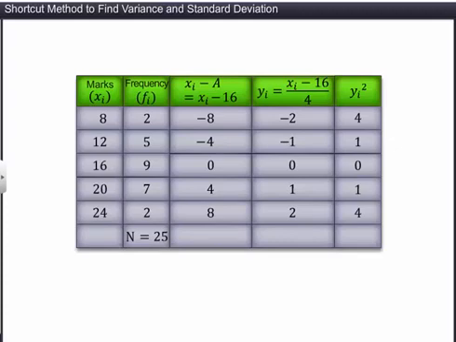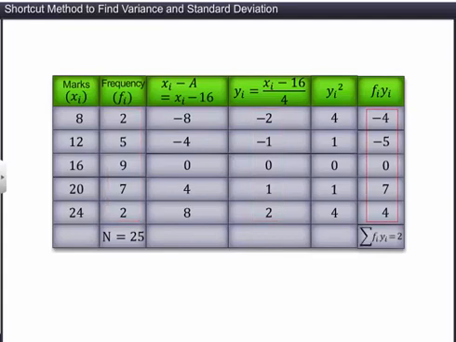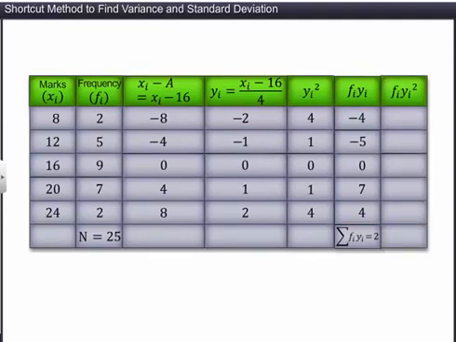The products of fi and yi are -4, -5, 0, 7 and 4 respectively. The sum of the products of fi and yi is equal to 2. Next, the products of fi and yi squared are equal to 8, 5, 0, 7 and 8 respectively. The sum of the products of fi and yi squared is 28.